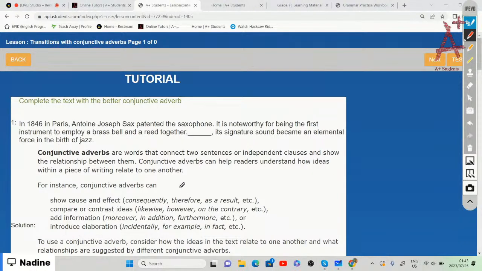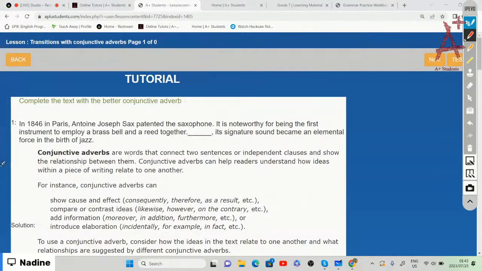And remember, conjunctive adverbs are words that connect two sentences. It connects two sentences, sometimes making it one sentence, or it is just where you are either adding on or introducing something, but it is basically being connected. It is flowing, right?